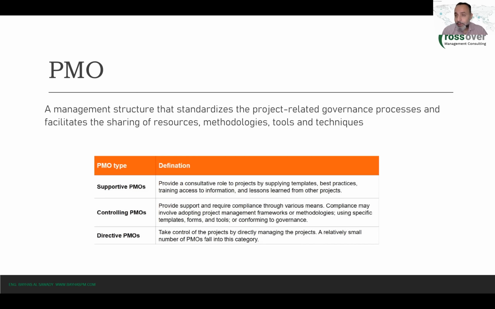And this is a common mistake that we see when setting up PMOs. Many organizations set up the PMO and give it full authority to operate at all levels immediately. And this causes lots of issues and problems because people in the organization still don't know or understand what the PMO is about, what it should be doing, and what the benefits of the PMO are.